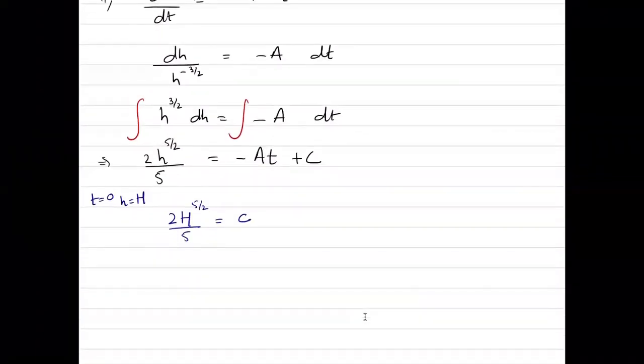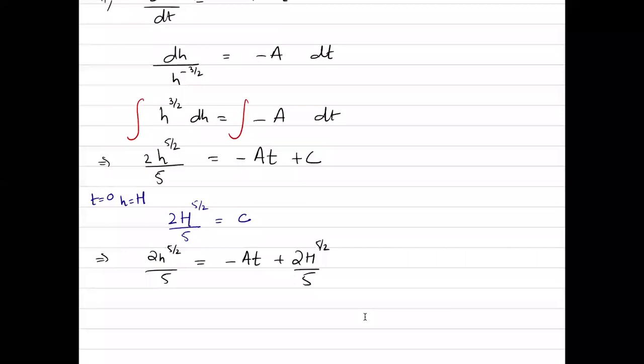So this gives us 2h to the power of 5 upon 2 upon 5 equals minus at plus 2h to the power of 5 upon 2 upon 5.